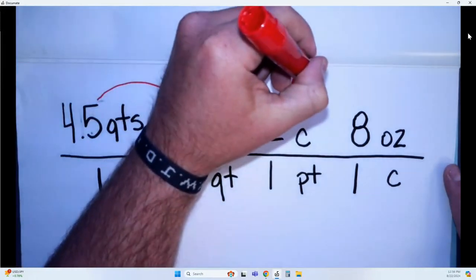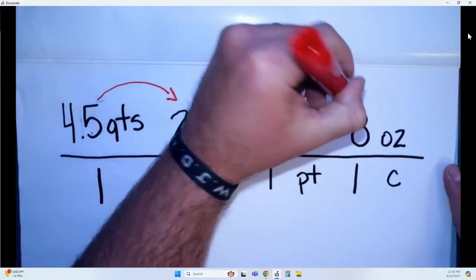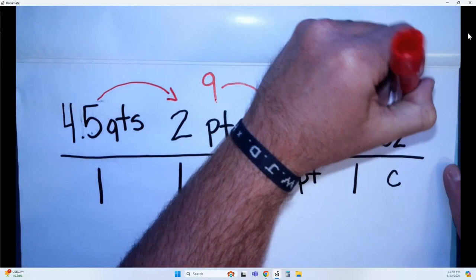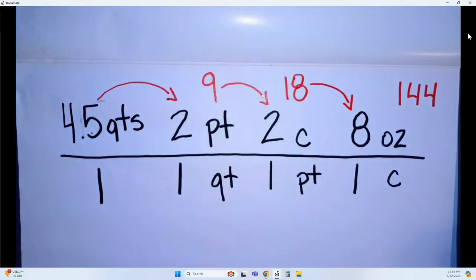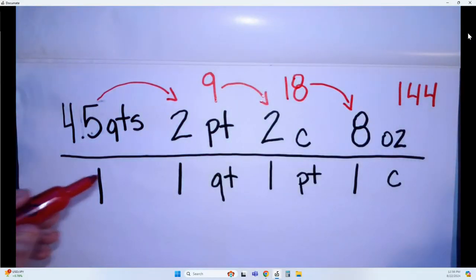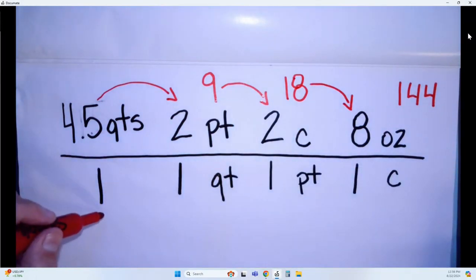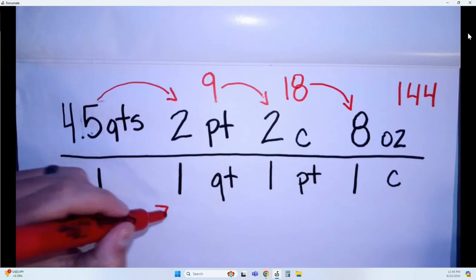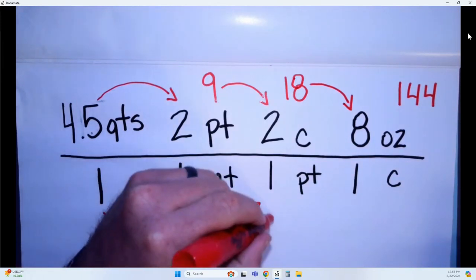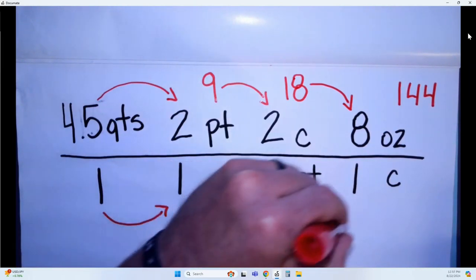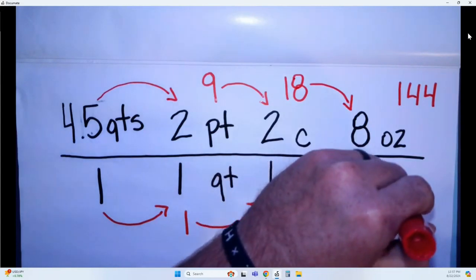And 18 times 8 will give me 144. Now I'm going to do the same thing to the bottom, multiplying from left to right. 1 times 1 is 1. 1 times 1 is 1. And 1 times 1 is 1.